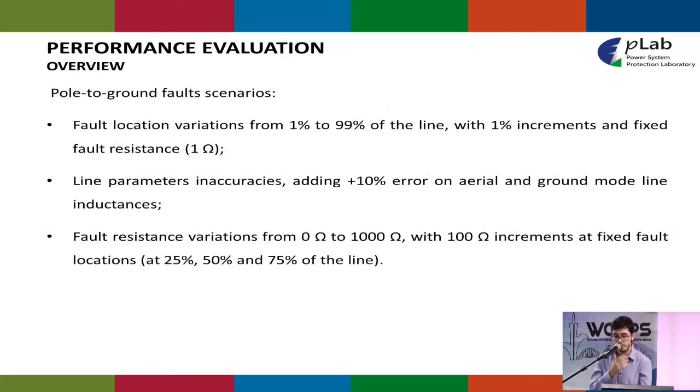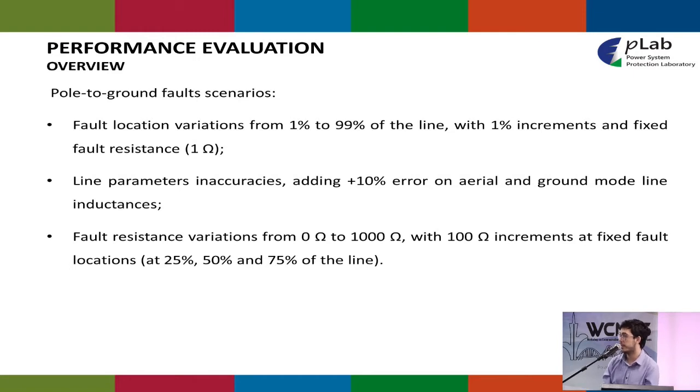Okay, how we evaluated the performance of the two-terminal model fault location method. We studied pole-to-ground fault scenarios divided into 3 classes. Fault location variations from 1% to 99% of the line with 1% increments, and a fixed fault resistance of 1 ohm.